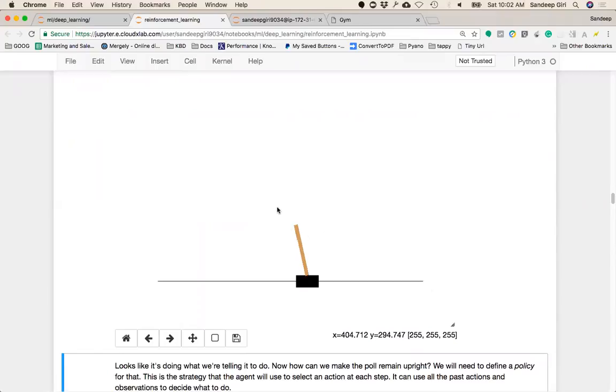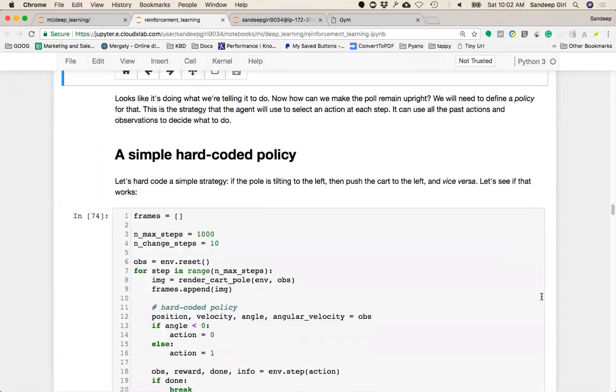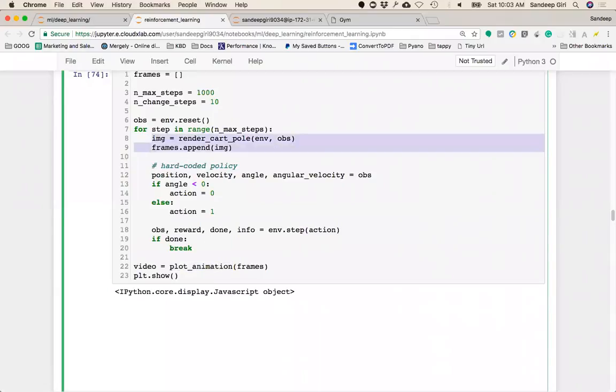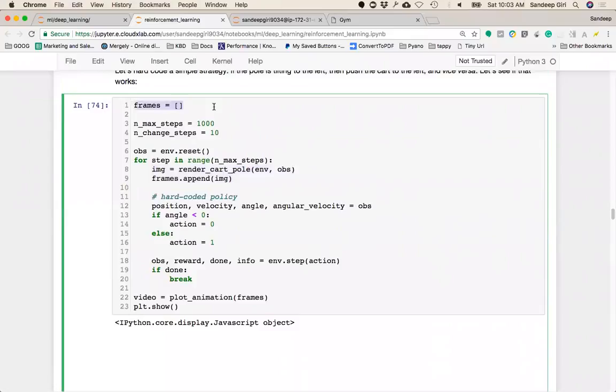A question from Kamal is, can we not see the movement process in action and not just the final state? We can see that process also. I'll show you. Let me just show you this part.